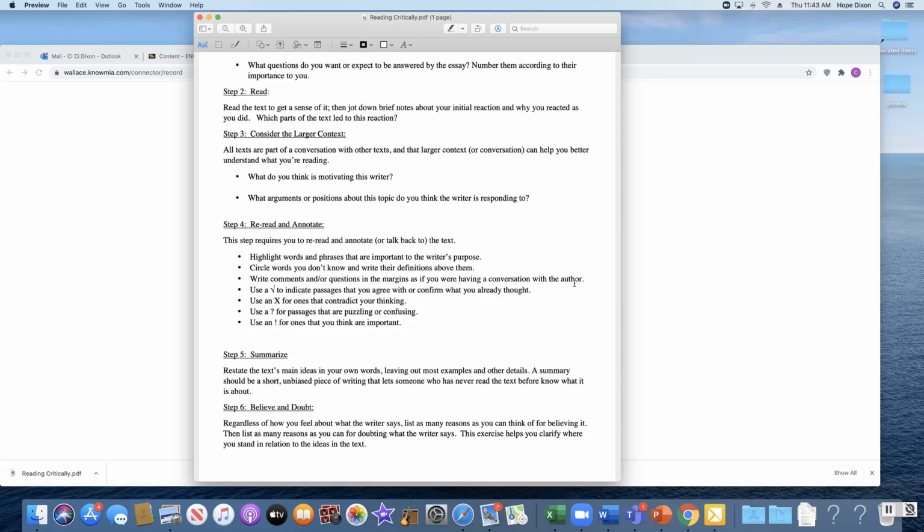This believe and doubt exercise will help you clarify where you stand in relation to the ideas in the text, and it will help prepare you to write your response.